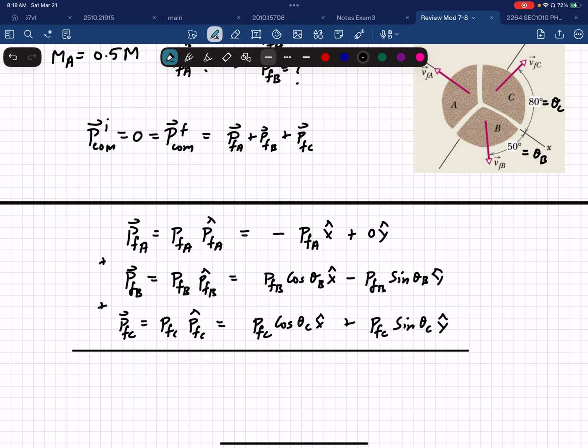So when we add them up, this comes out to be PFC, and then you had the sine theta.